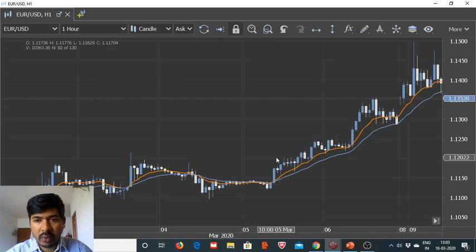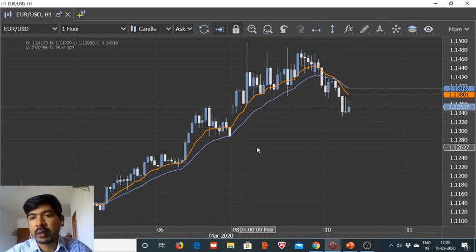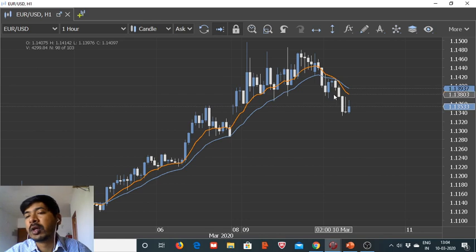Now, as you can observe on the charts, I feel that the probability is highest when we go for any trade during the initial phase of the crossover.